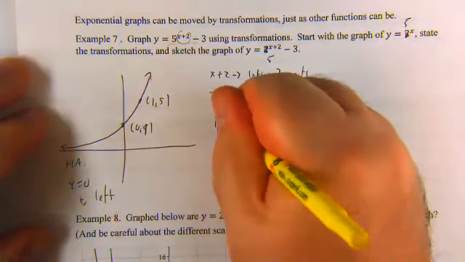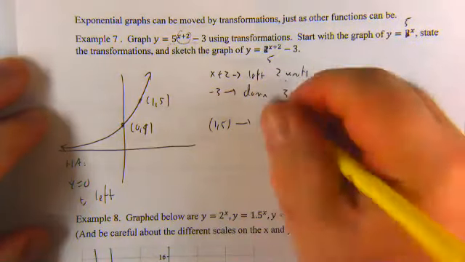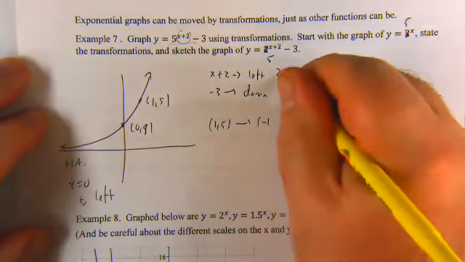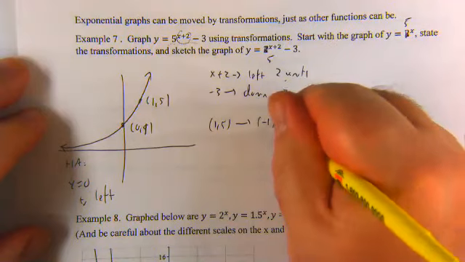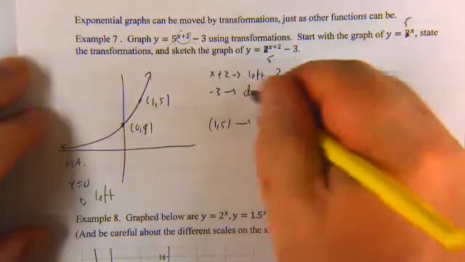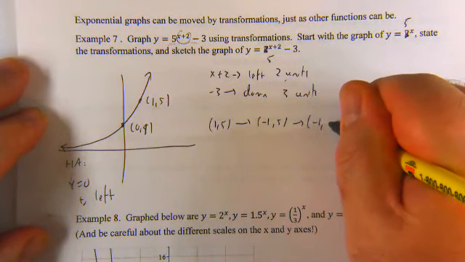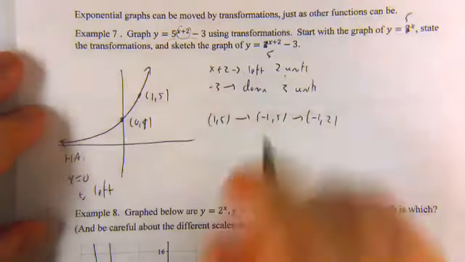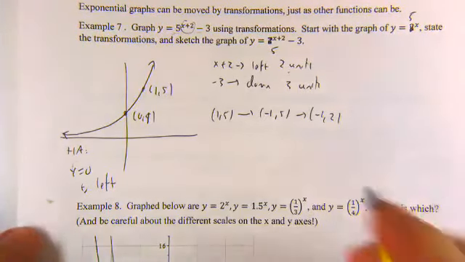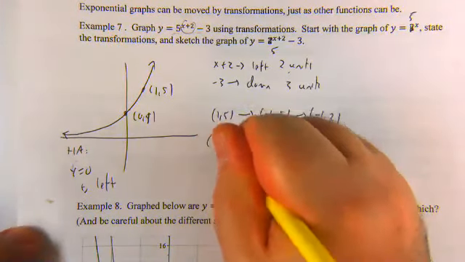So (1, 5), if you move it left 2 units, 1 minus 2 is minus 1, so (-1, 5), and then if we move it down 3 units, it goes to (-1, 2). What about (0, 1)?